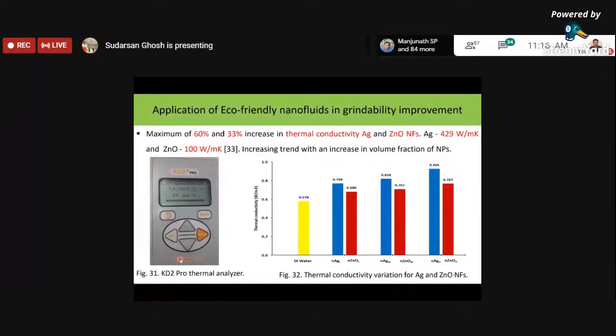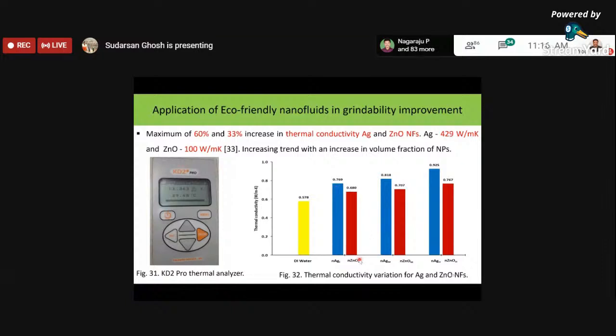As you can see over here, we have measured the thermal conductivity and compared it with the deionized water, which is our base fluid, and we can see that for almost everything, the thermal conductivity has increased. Obviously, once we have more nanoparticles, the thermal conductivity has increased more.